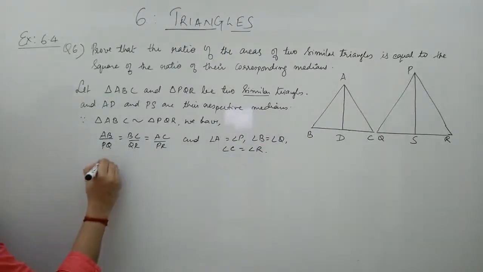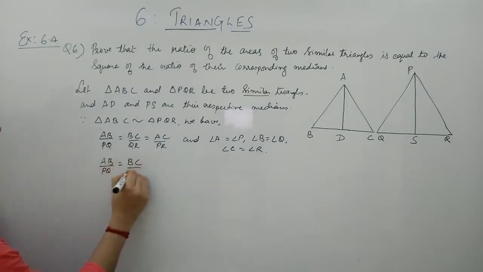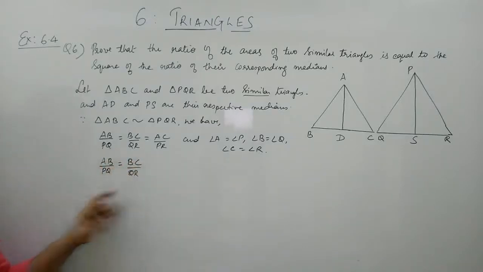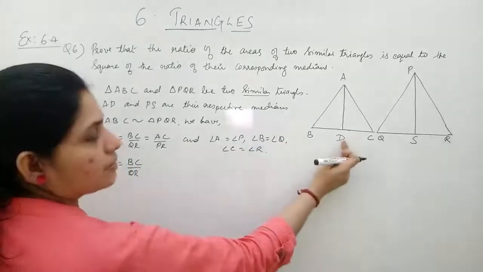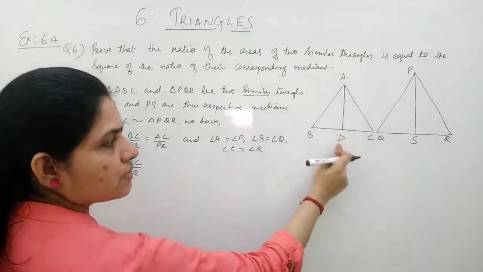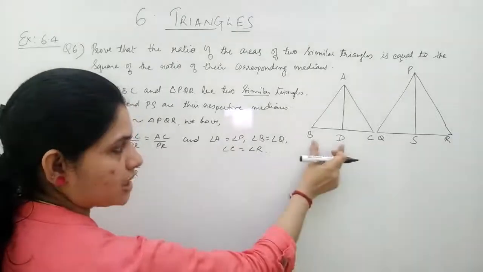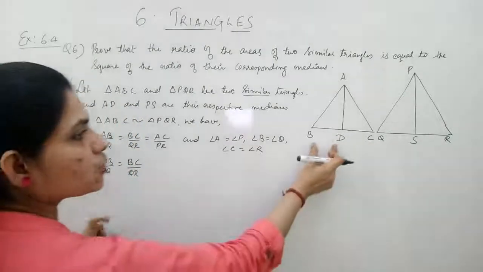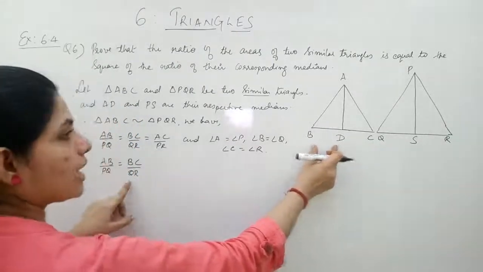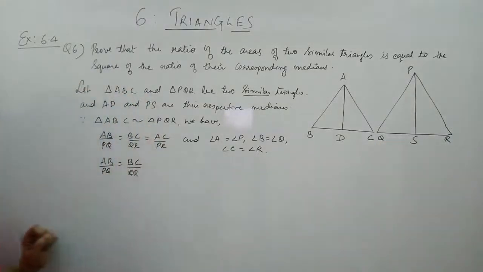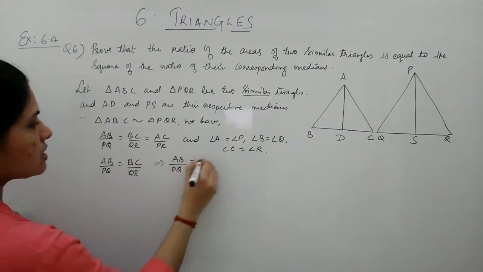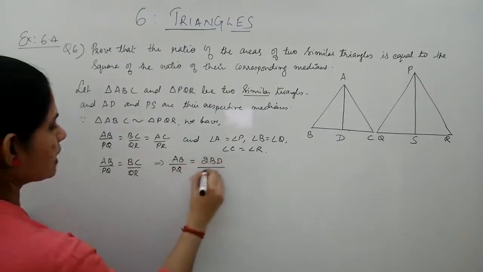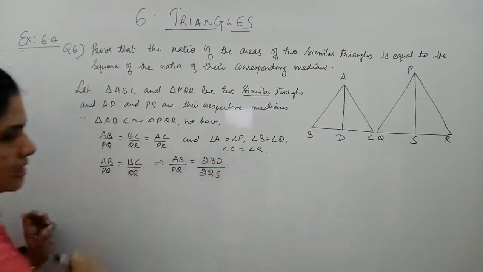So from this, AB by PQ is equal to BC by QR. What we are doing is replacing this second fraction. Since AD is a median, D will be the midpoint of BC. That means you can write BC as 2BD and QR as 2QS, right? So we are changing this to AB by PQ is equal to 2BD divided by 2QS.